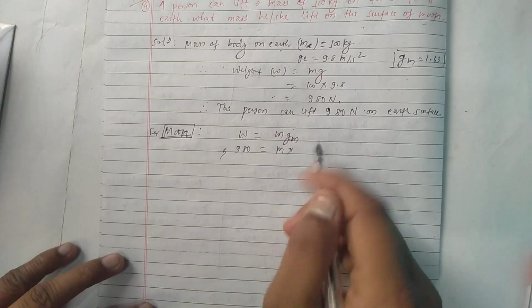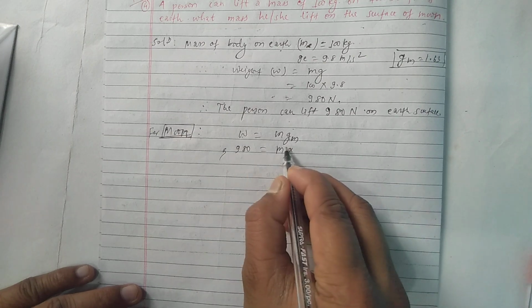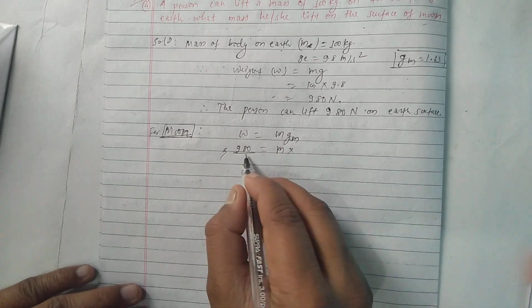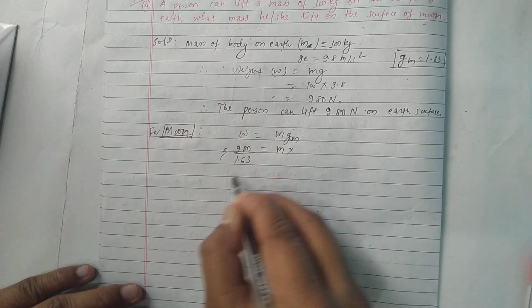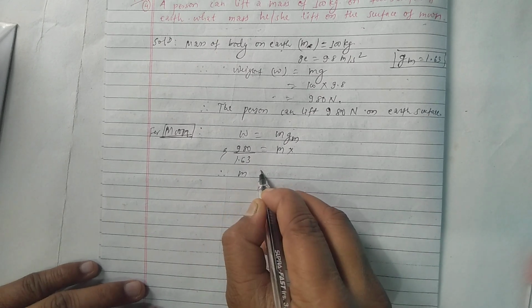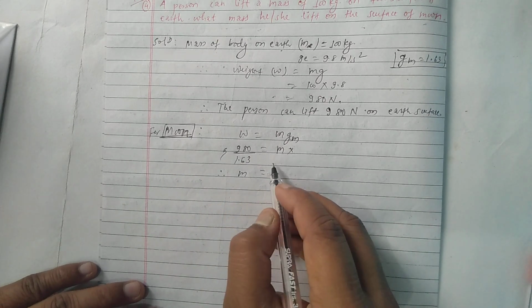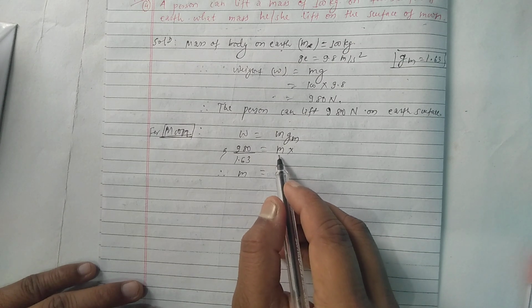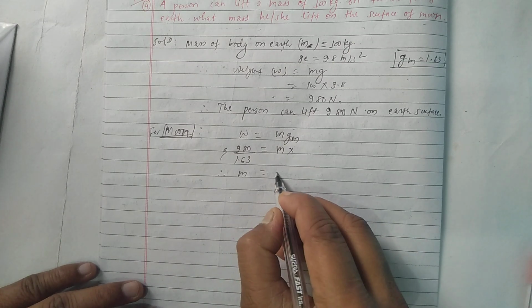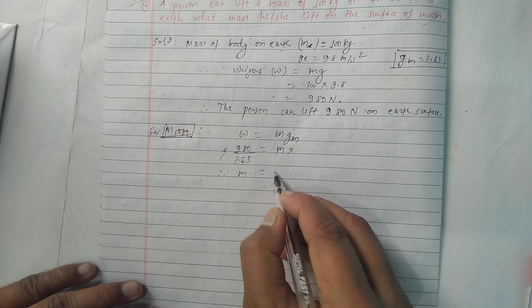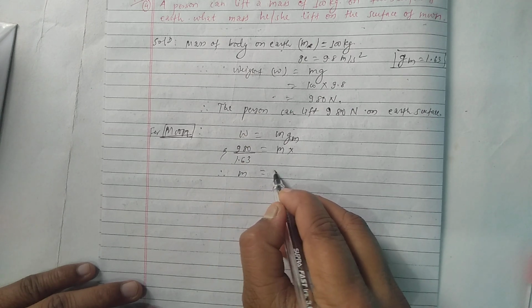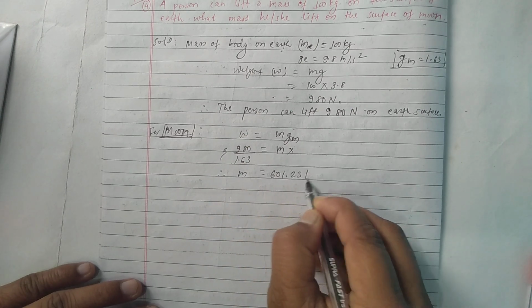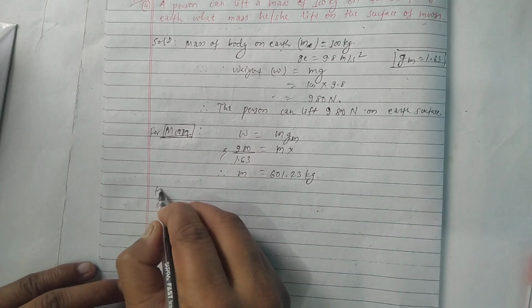So we just have to put this value over here. If we take 980 divided by 1.63, we get the value of m, which means mass of object on the moon. So this value becomes 601.23 kg.